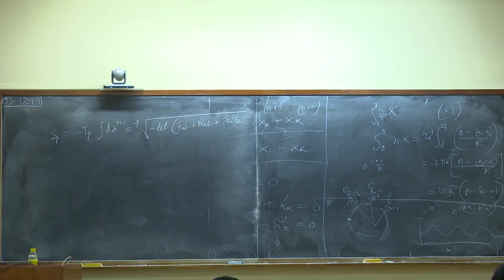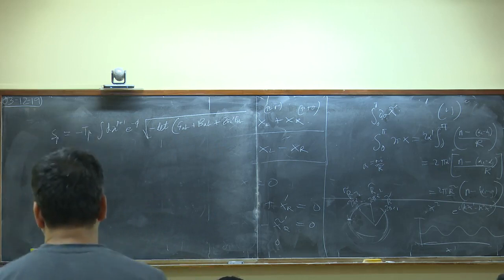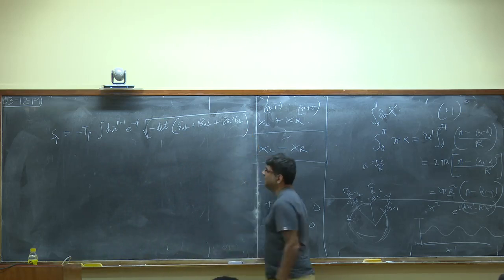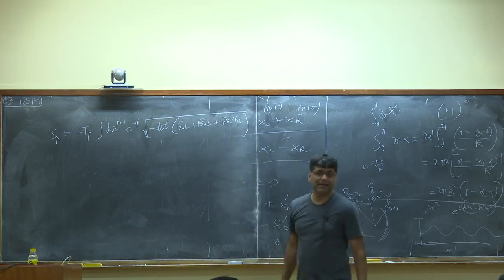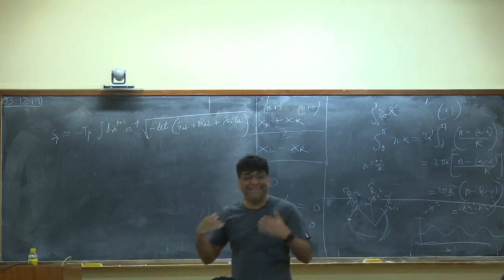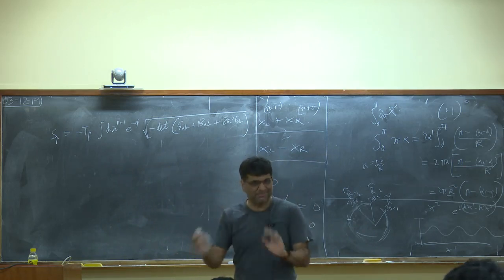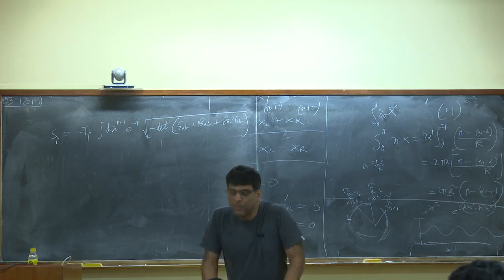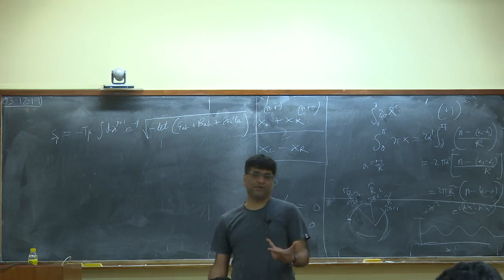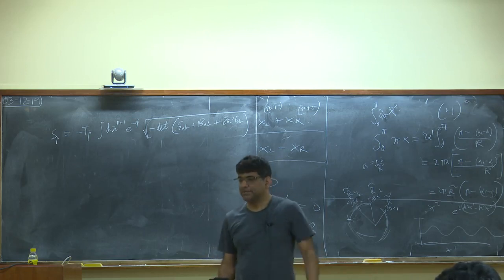Okay? So first let me explain what all these terms mean. At the moment I'm looking at just one D-brane, not a collection of many of them. What are the massless degrees of freedom on a D-brane? Well, these are in one-to-one correspondence with the massless vertex operators of open string theory.